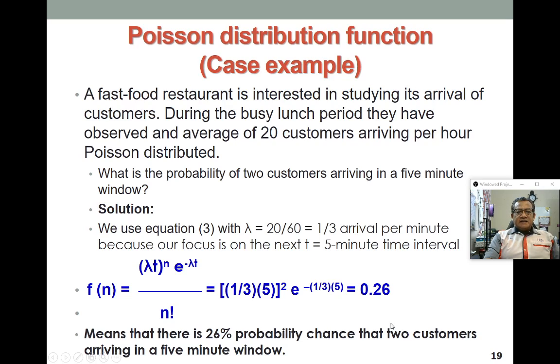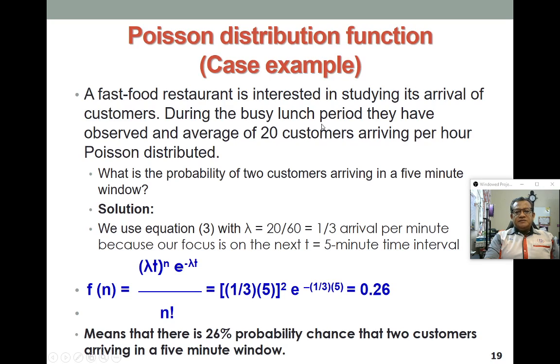Okay, this is the second case example we execute using Poisson distribution function. One fast food restaurant is interested in studying the arrival of customers, because they can shift the loads, balance the loads between the employees and also the arriving customers.